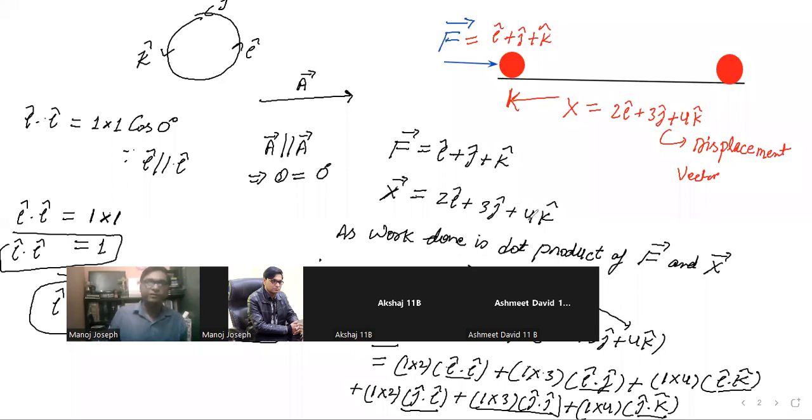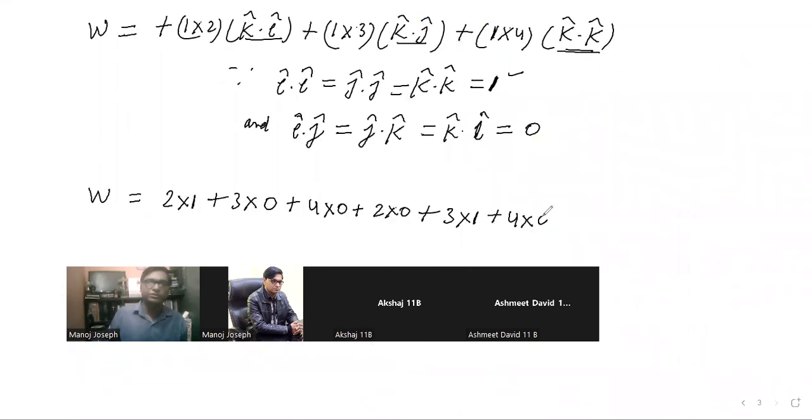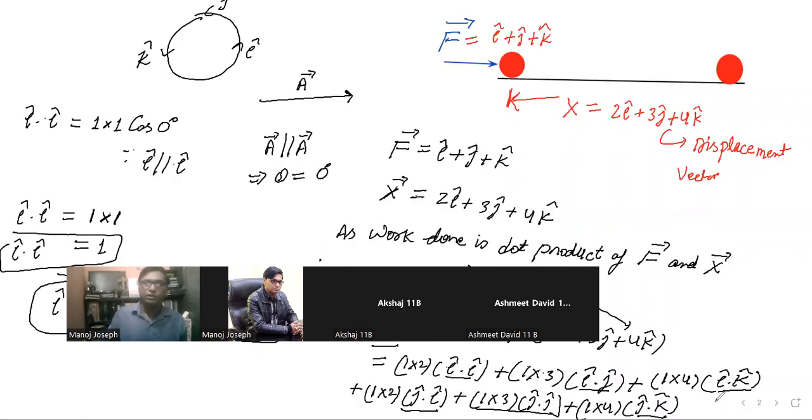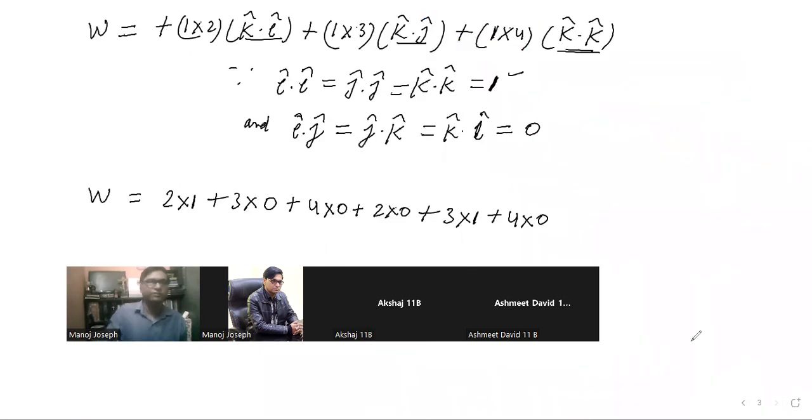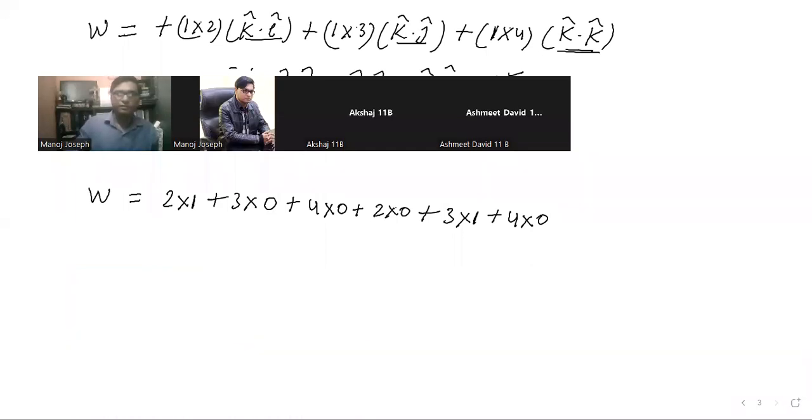So it will be 4 into 0. And now the terms are here. 1 into 2 is 2, but K dot I will give us 0. So it will be 2 into 0 plus 1 into 3 is 3, but K dot J will give us 0.